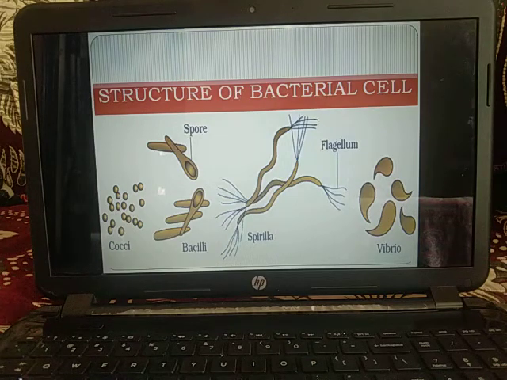Bacillus is the next form. Bacillus is rod-like. The bacterium is slightly straight and cylindrical, like a rod, with ends being flat, rounded, or cigar shaped. It has three special types: diplobacillus, in two; palisade bacillus, like a stack; and streptobacillus, in chains.